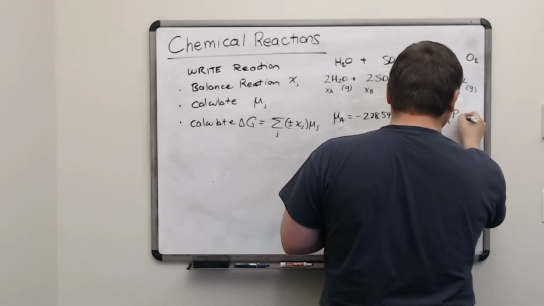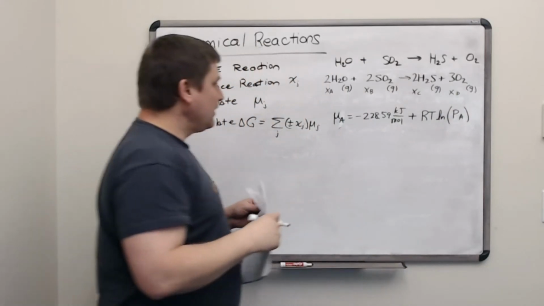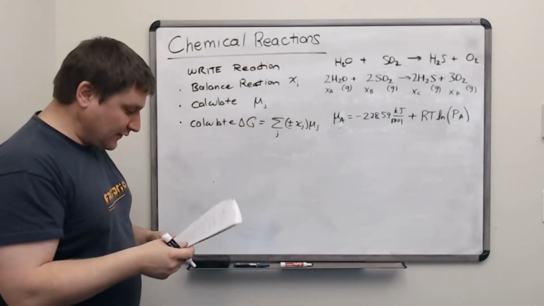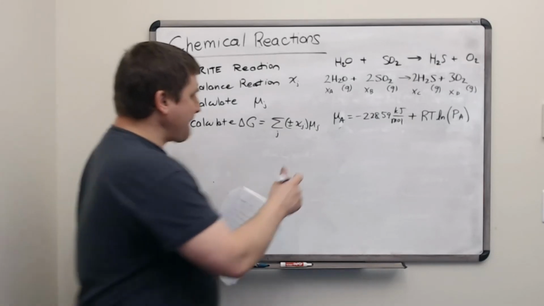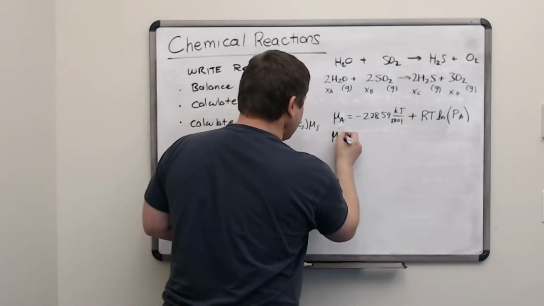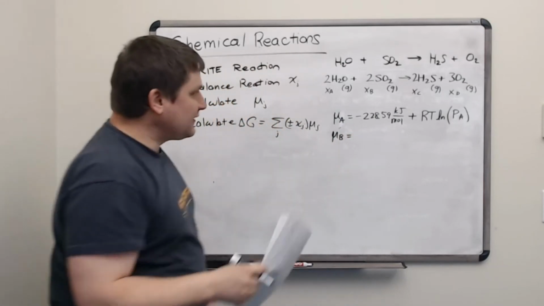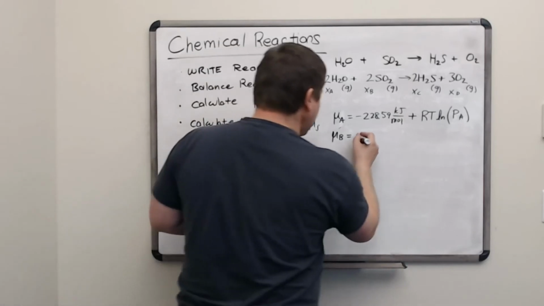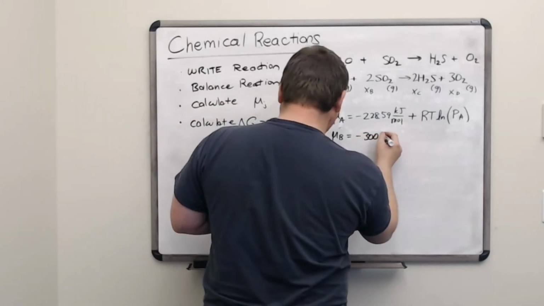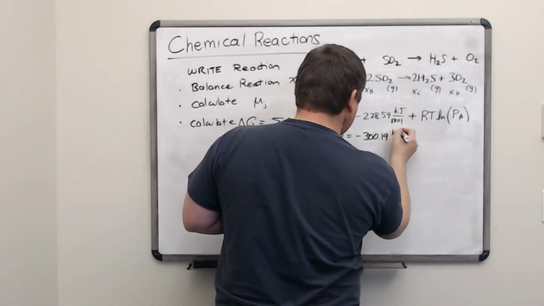So I'm going to allow them to have different partial pressures. So there's mu A for the water vapor. For the rest of these, I also have to go to the table and look them up. And I've already done that, so I'll just write them down.